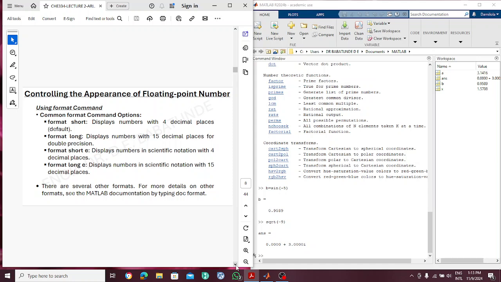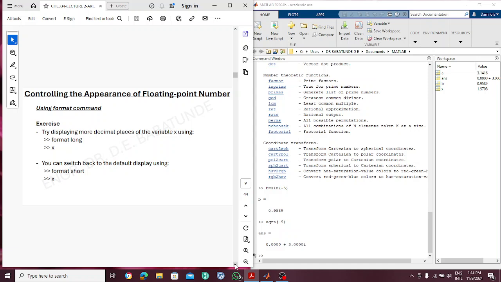We can also have format long e, which allows the result to be displayed in scientific notation, however with up to 15 decimal places. There are other format commands that can be explored, and we can have deeper knowledge of these by typing doc format, and that will give us details of what is possible using the format command.